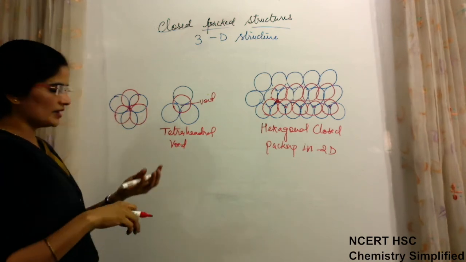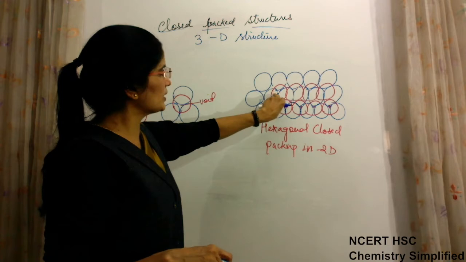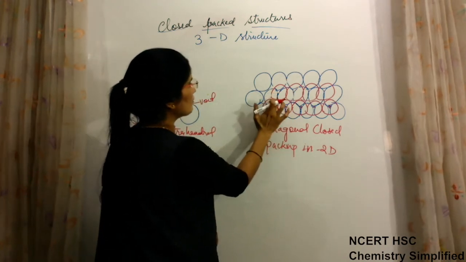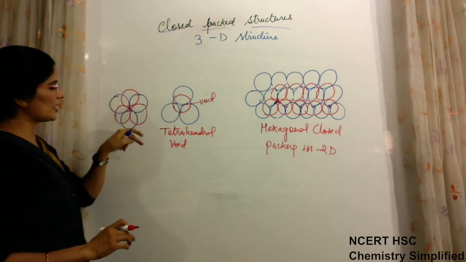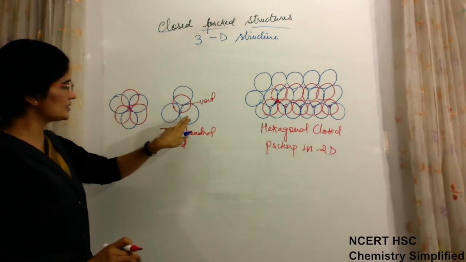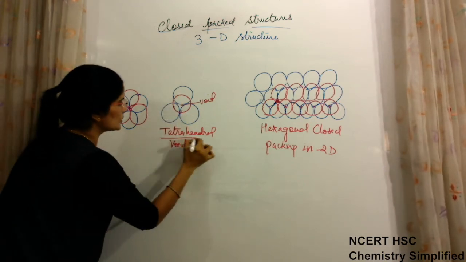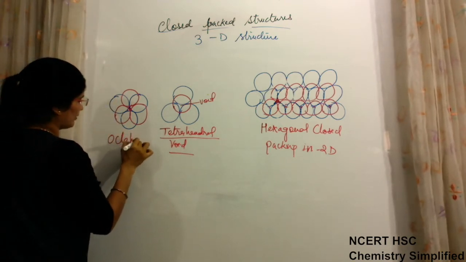This gap means a gap was present in 3 blue particles which is covered by 3 red particles. This was the gap in 3 blue particles covered by 1 red particle. This gap is covered by how many particles? 6 particles. This gap is covered by how many particles? 4 particles. So this void is known as tetrahedral void. This void is known as octahedral void.